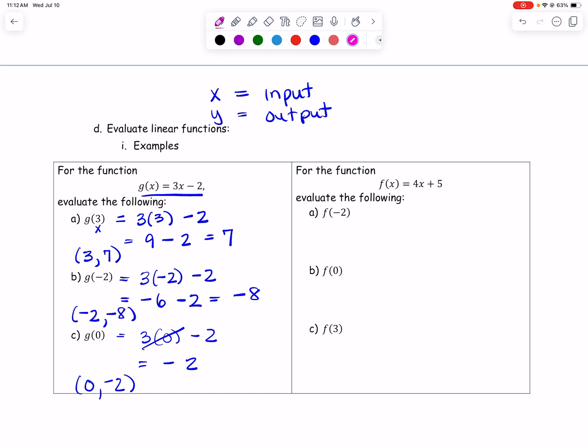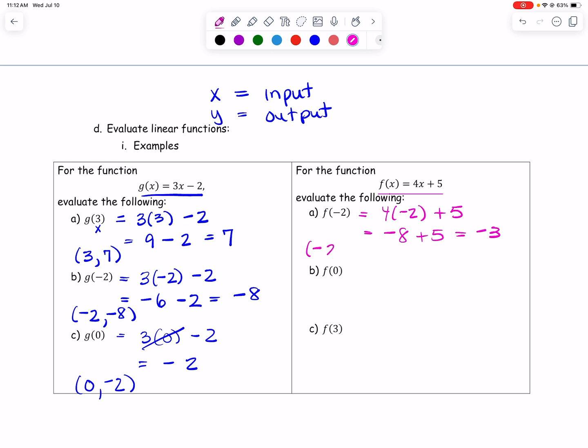Okay, going to the other side, we now have a different function. f of x is 4x plus 5, and we're going to insert f of negative 2, which is 4 times negative 2 plus 5, which is negative 8 plus 5, which is negative 3.